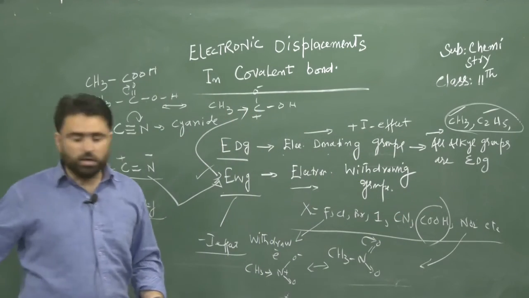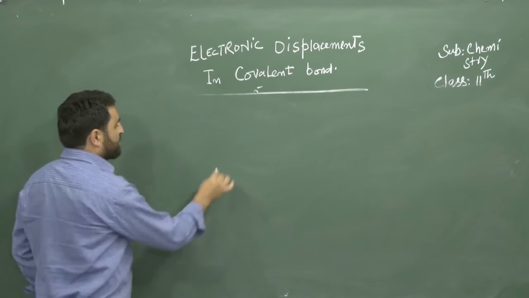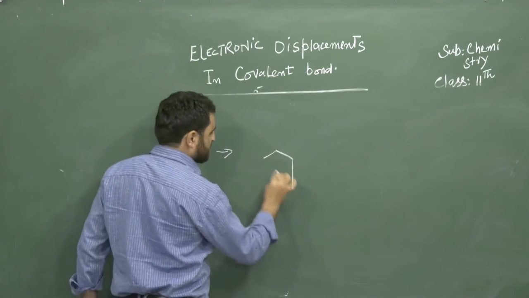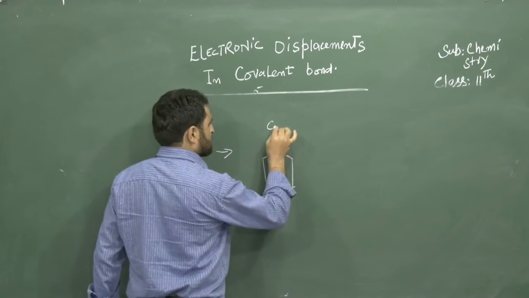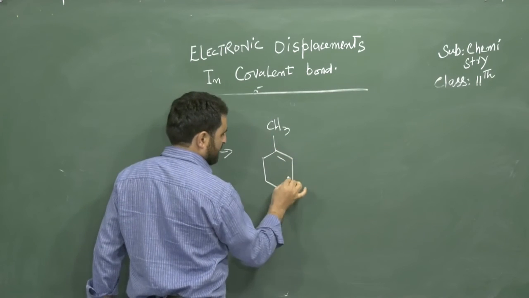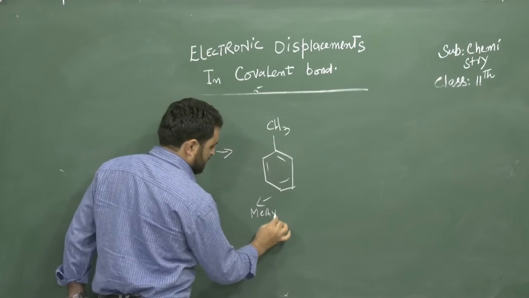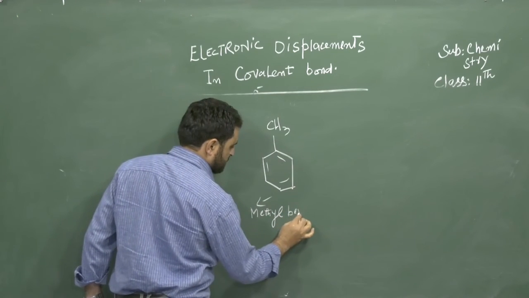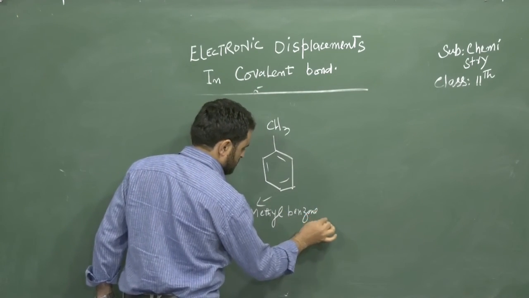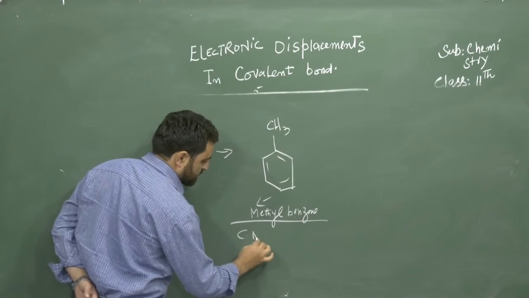Okay. Another thing: I will write two compounds. One is CH3 with benzene. This is called methyl benzene. The common name is toluene.